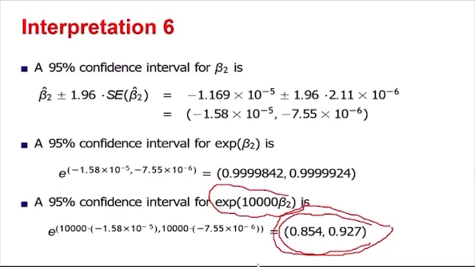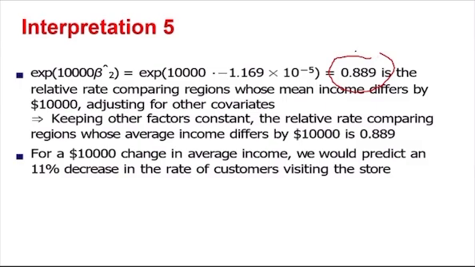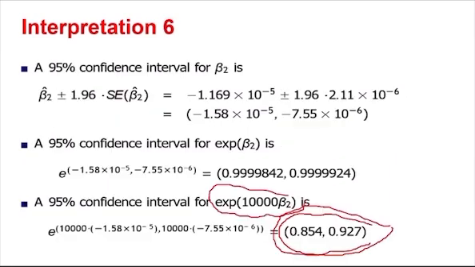If you take a look here, this is just the point estimate, while the other guy here is the interval estimate. The interval estimate makes more sense in research compared to the point estimate. Now look at the way I'm going to interpret the interval estimate.